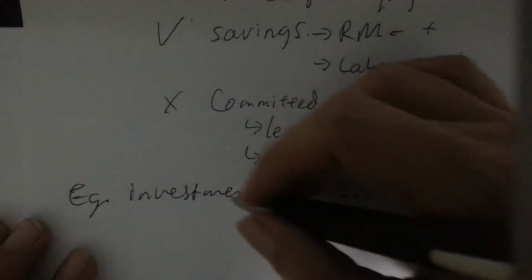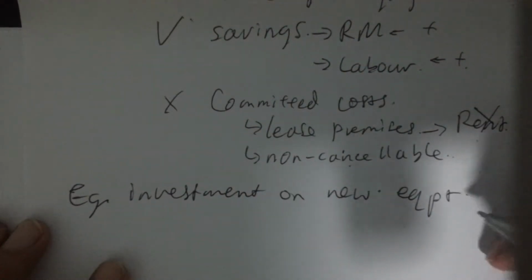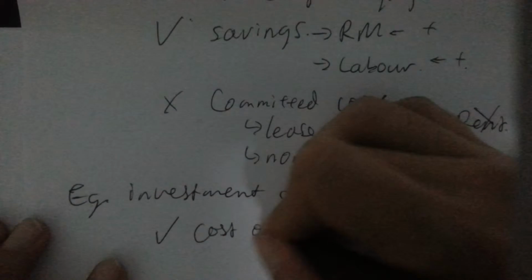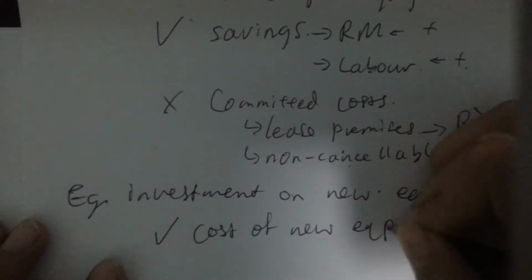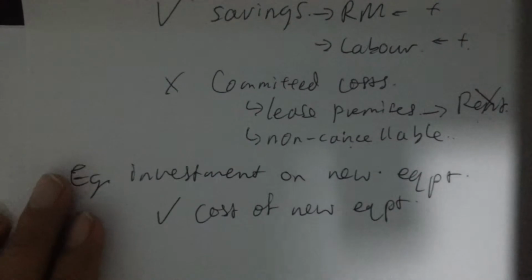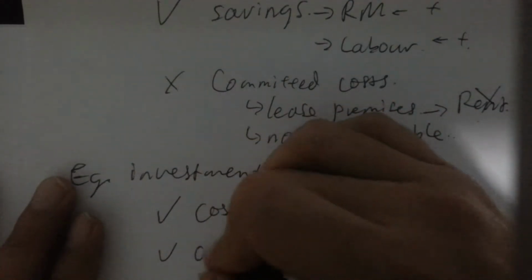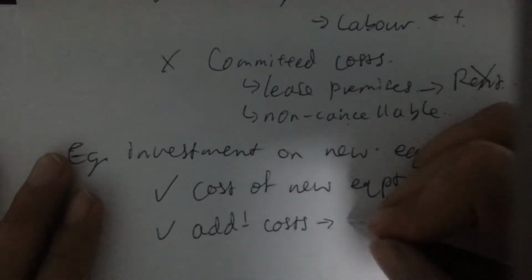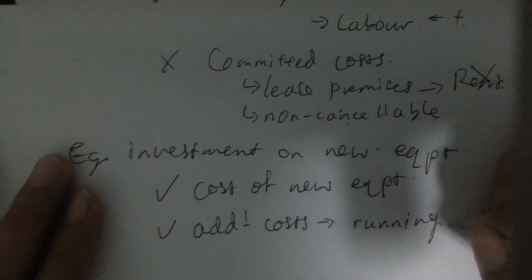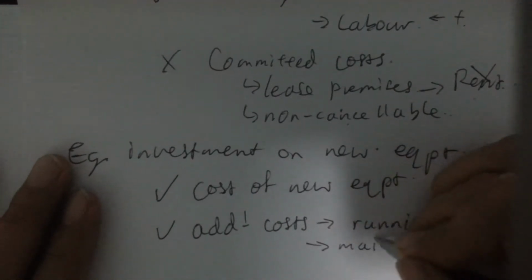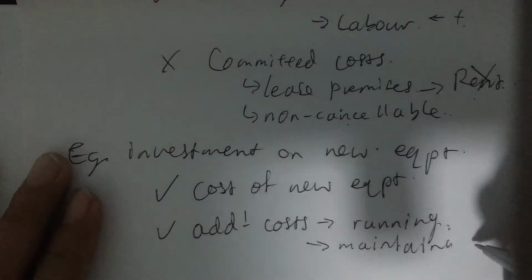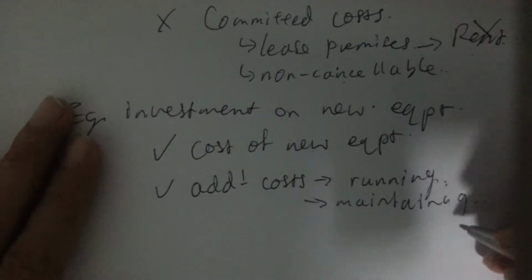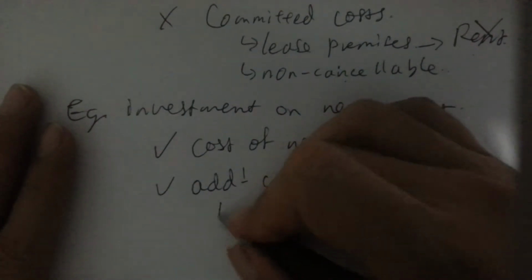If you choose to invest in new equipment, potential relevant costs would of course be the cost of the new equipment, and any additional costs that you incur in running the machine, in maintaining the machine, and so on. Okay, so what do I mean by this?